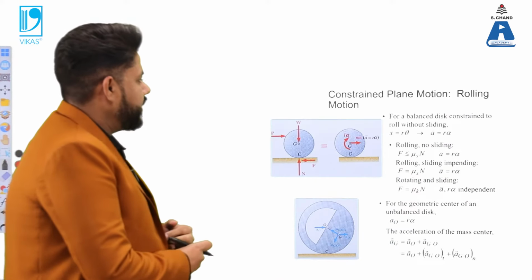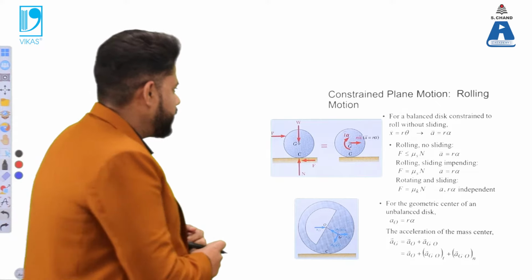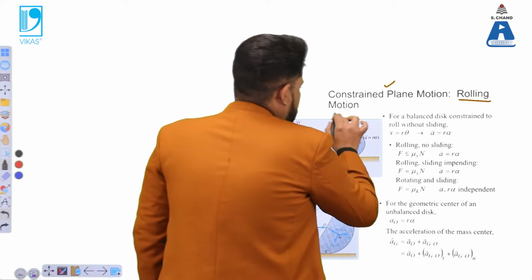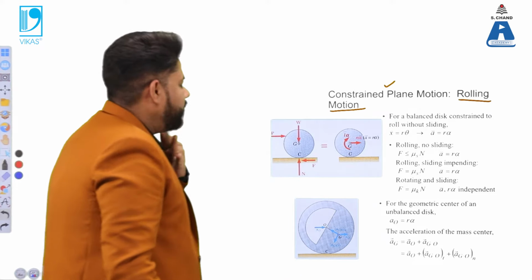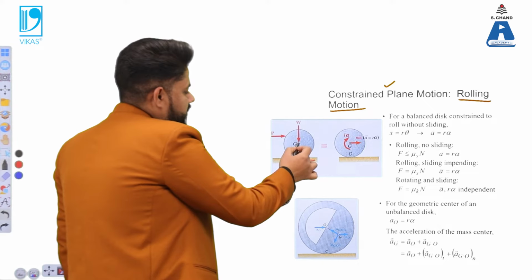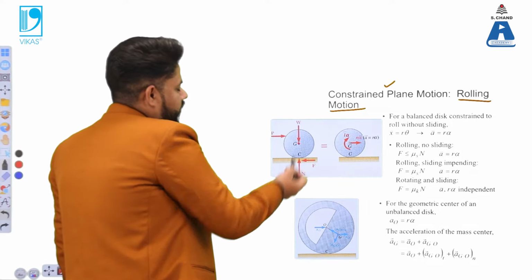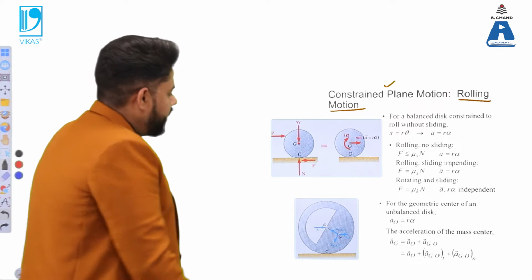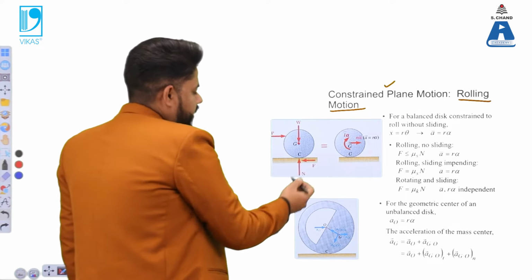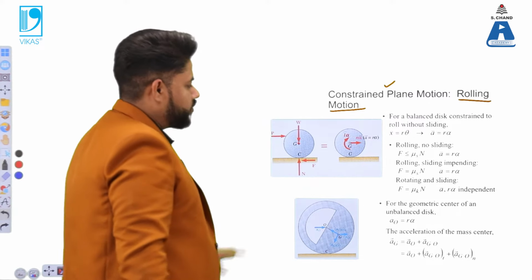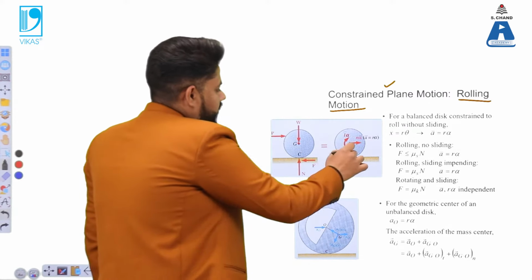Now there is the case of rolling motion. The constrained plane motions category also contains rolling motion. So what happens in this case? You have a body whose mass is at a point G, and its weight is acting downwards, and additionally friction and the normal component come into the picture, and we are applying a particular force on the body.